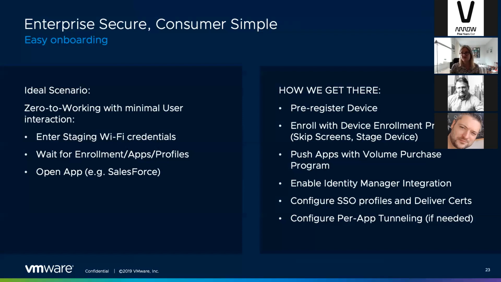You would need to enable identity manager integration. You would also need to configure single sign-on profiles and obviously deliver certificates and configure per app tunneling, amongst other things. These are some of the things that take you to a place where you can have the easy onboarding with your customers. So in VMware, it works like that.